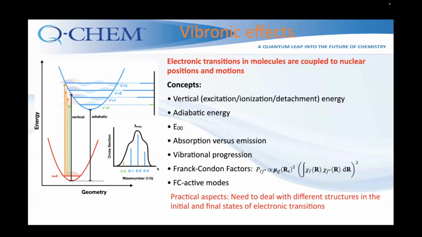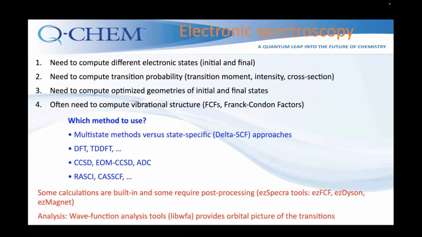So that's super important for making rigorous assignments. What it means practically is that we need to deal not only with calculations of different electronic states when we model electronic spectroscopy, but also to think about these different structures and vibrational overlaps. So that makes modeling electronic spectroscopy quite involved, but fun.